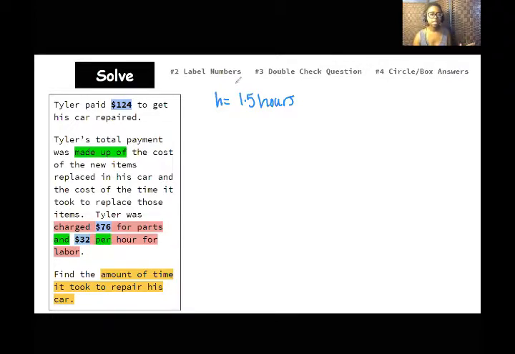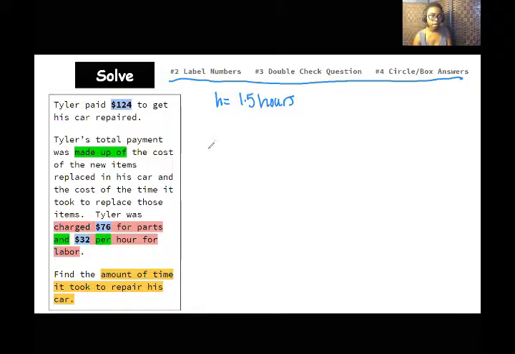And let's look at these steps up here. Okay, so number 2 says label your numbers, which we did, hours. Number 3 says double check the question. Okay, so the question, let's just read it again just to make sure we got everything. It says Tyler paid $124 to get his car repaired.